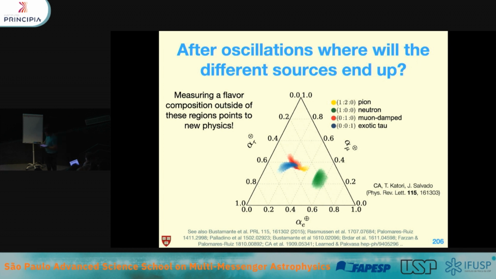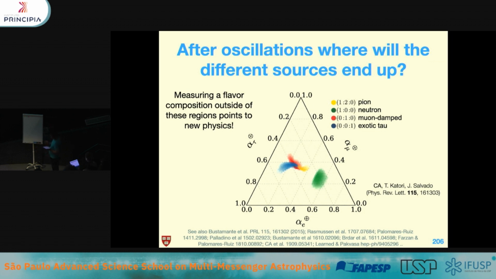So why are these regions not a point? If I knew the PMNS matrix, the oscillation parameters, with arbitrary precision, then each of these would be a single dot. The error on those parameters is what gives these regions some width.